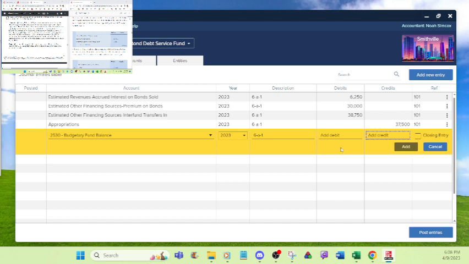Why is there $75,000 of revenues and stuff, and then there's only $37,500 of appropriations? The heck? What's up with that?